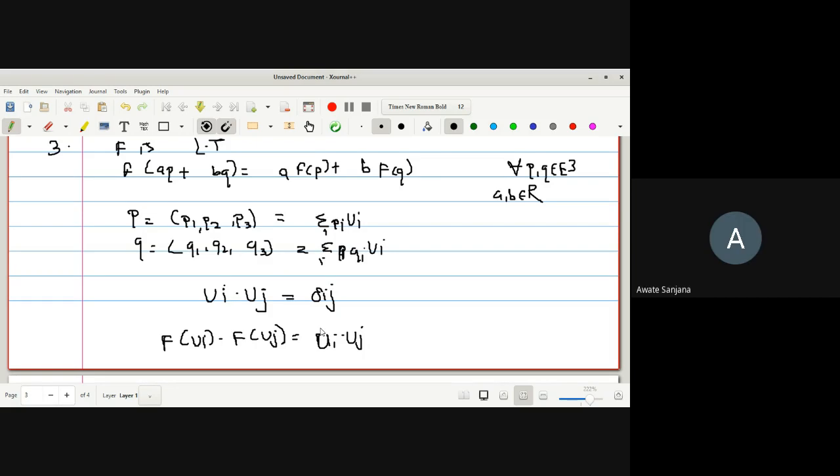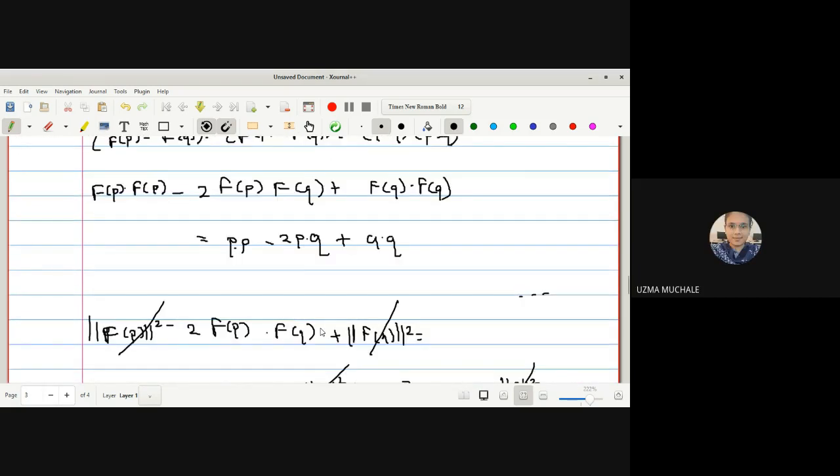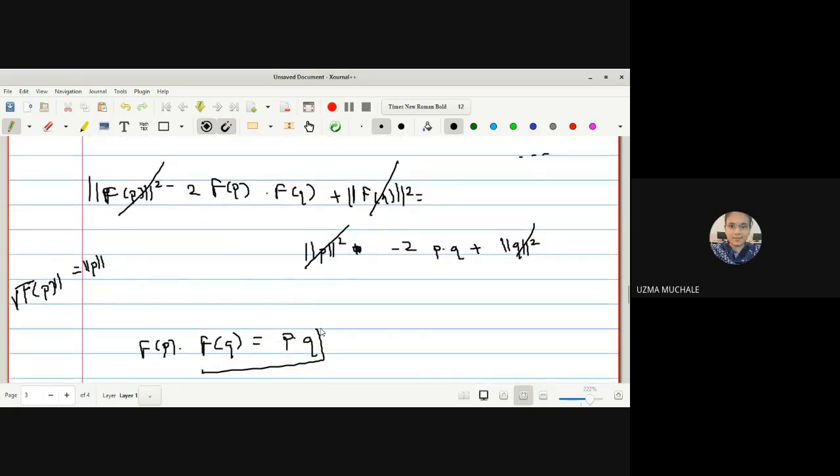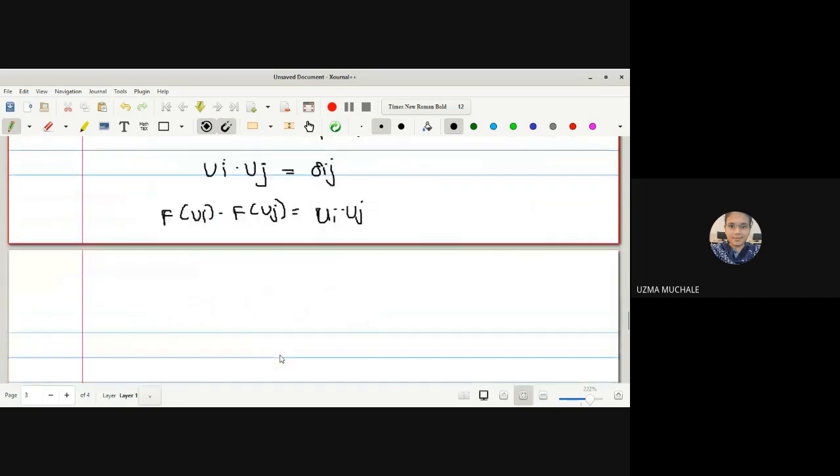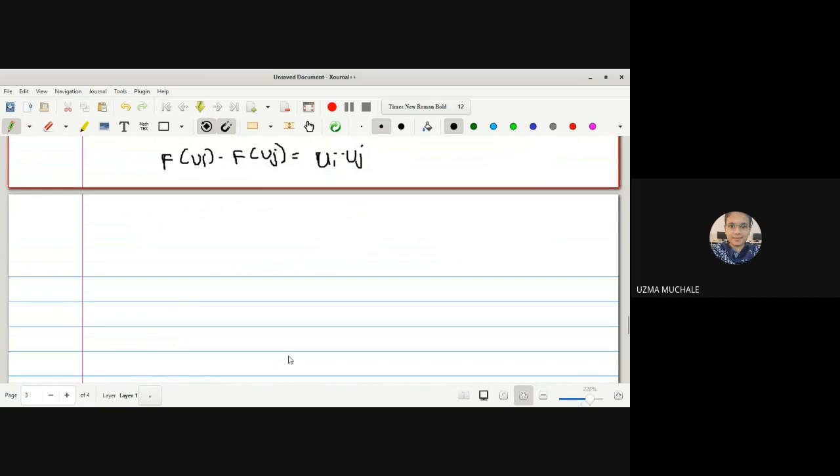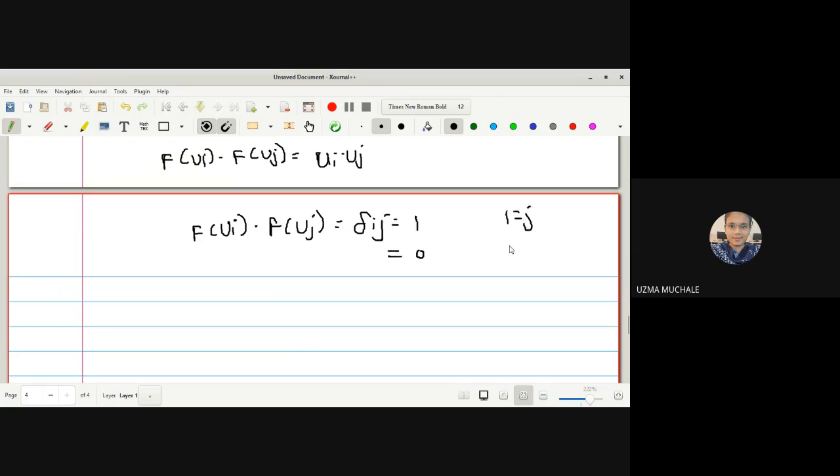Yes, ma'am. Now, in step 2 we have proved that FP dot FQ is equal to P dot Q, and this is true for any point. Here you have F Ui dot F Uj is equal to Ui dot Uj, which is also equal to delta ij. So F Ui dot product with F Uj will also be equal to delta ij, which is 1 for i equal to j and 0 for i not equal to j.